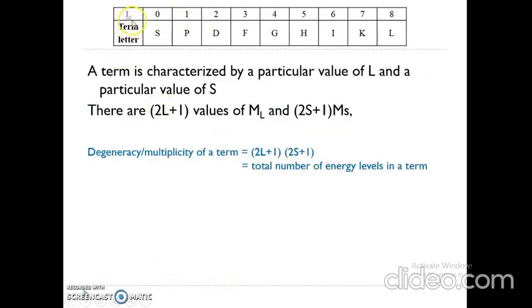Now this table will give you the term letter corresponding to the different L values. If L equals 0, the term letter is S. If L equals 1, the term letter is P. For 2, it is D. For 3, it is F. Now for L equals 4, you continue in alphabetical order from F. That is, the next letter is G. For 5, it is H. For 6, it is I. For 7, it should have been J, but we write K here, because J is already used for representing the total angular momentum.